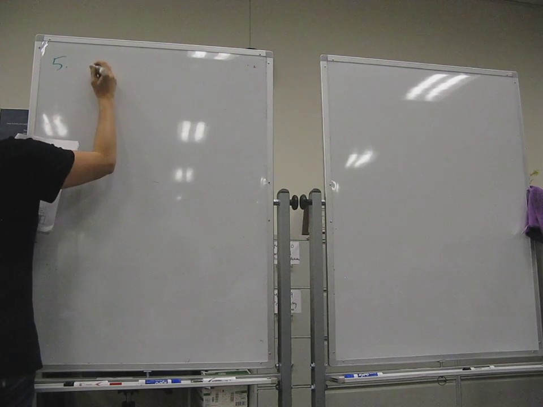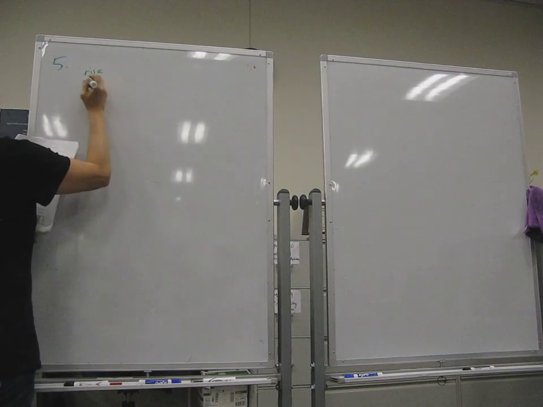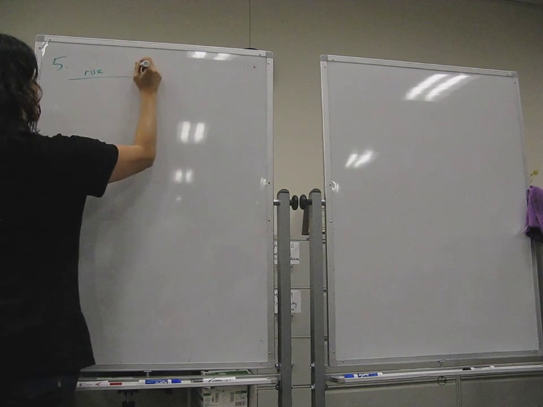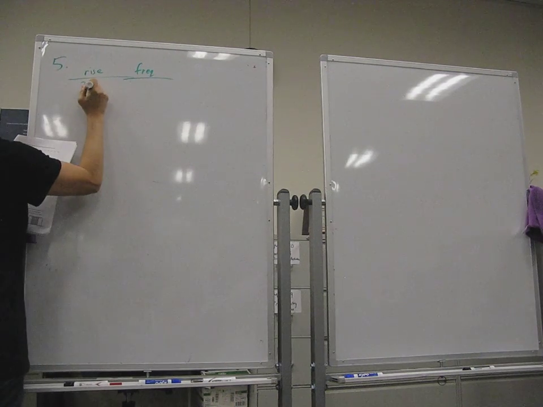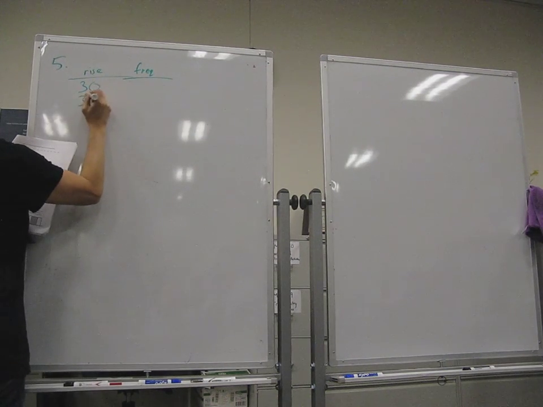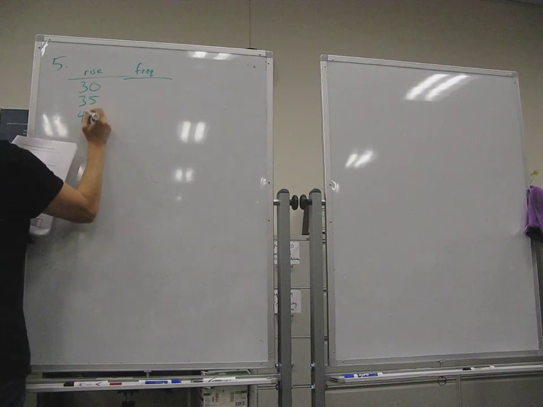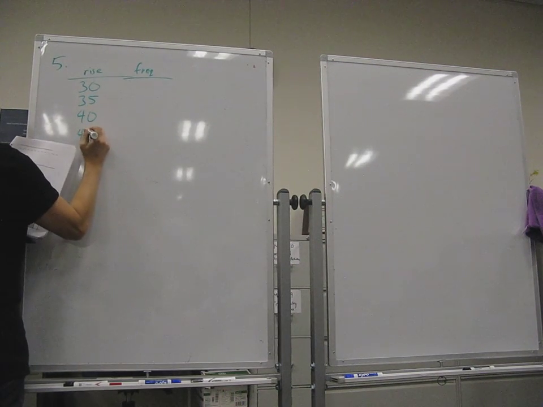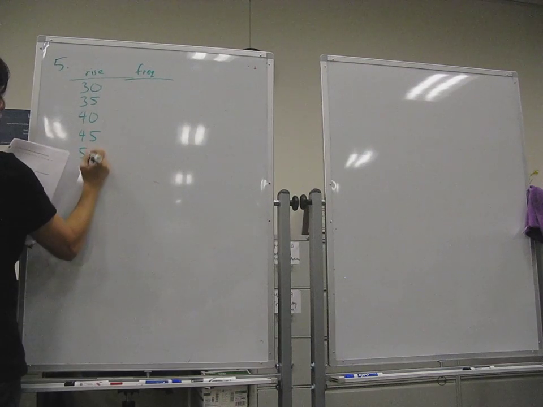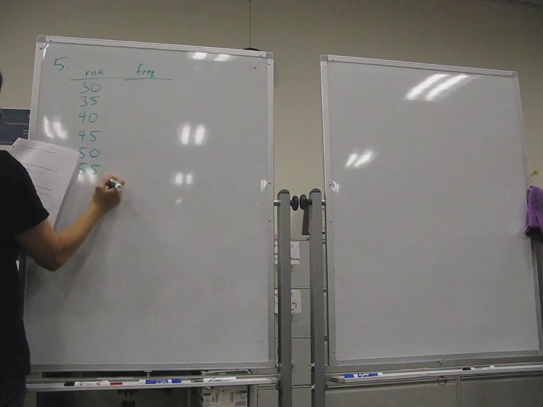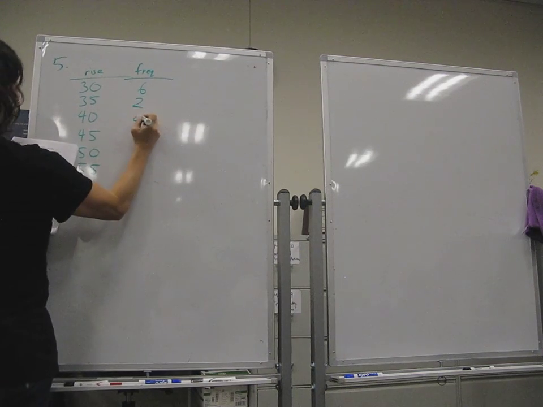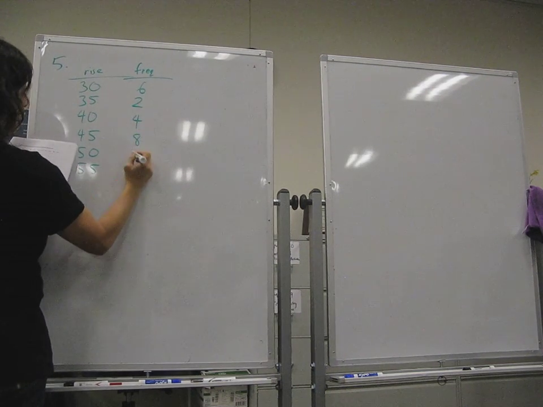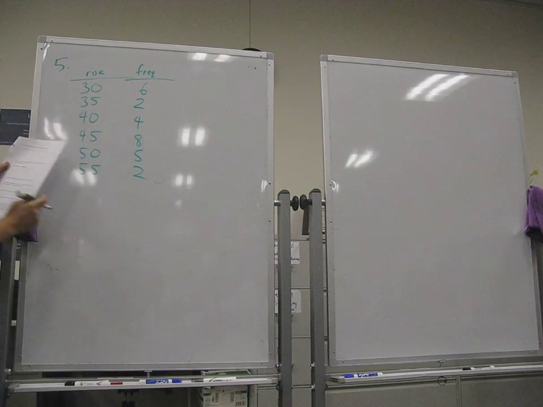So here's our rise, and here's our frequency. 30, 35, 40, 45, 50, 55. There's 6 of those, 2 of those, 4 of those, 8 of those, 5 of those, and 2 of those.